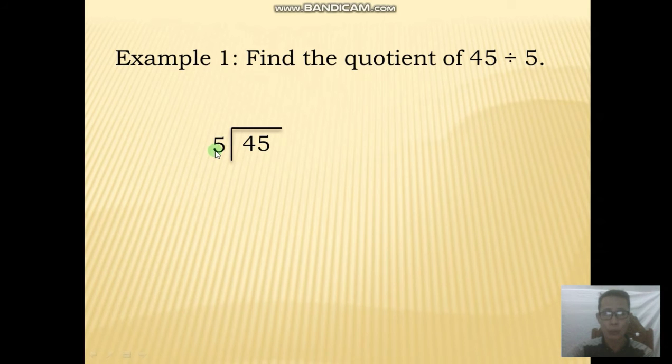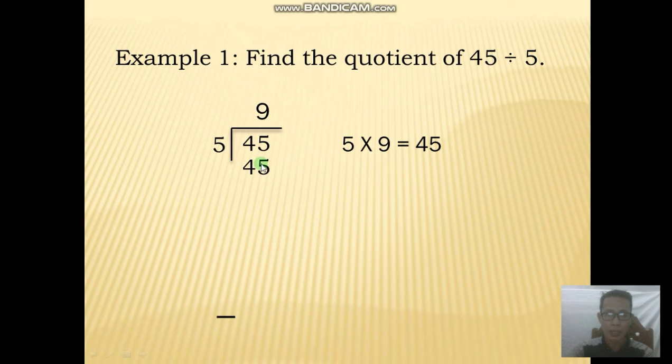Ilan bang 5 na nandito sa 45? So, 5 times 9, that is equal to 45. So, yung sagot natin dito is 9. Now, pagkatapos natin gawin ito, we will multiply 9 and 5. So, that is 45.